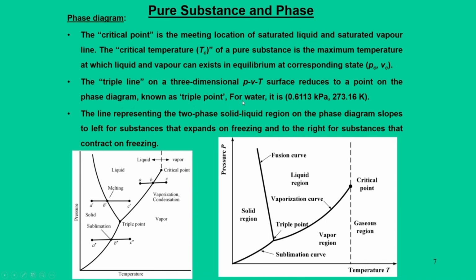This triple point for water is located at 0.6113 kilopascal and 273.16 Kelvin. The line that represents the two-phase solid liquid region on the phase diagram slopes left for substances that expand during freezing and to the right for substances that contract during freezing. This is the characteristic of the phase diagram.